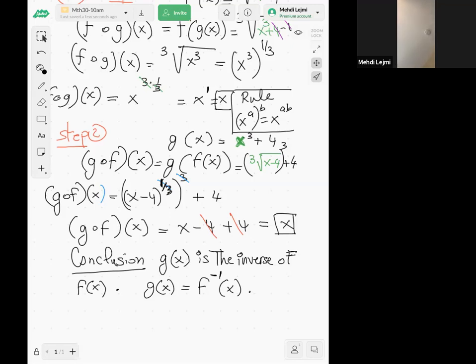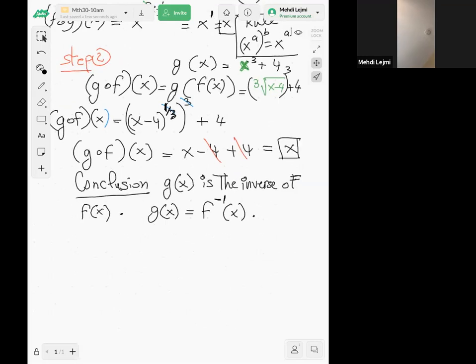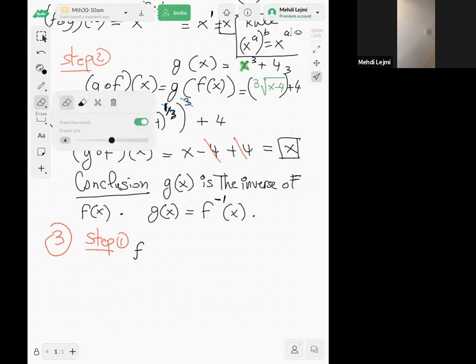So okay, let me then solve problem number 3 here. So for number 3, step 1. We have to compute f composed with g of x.